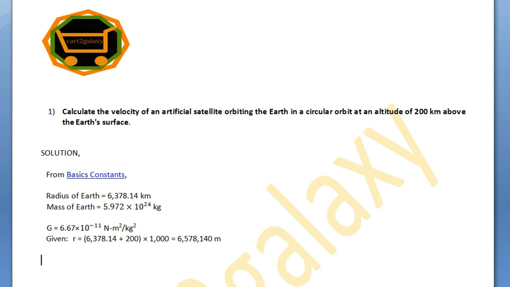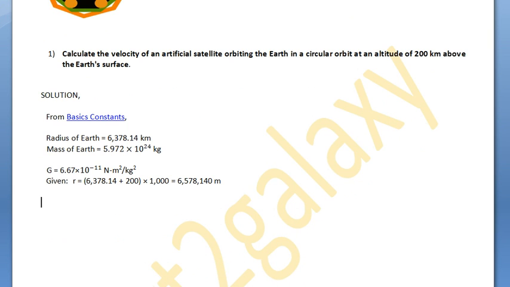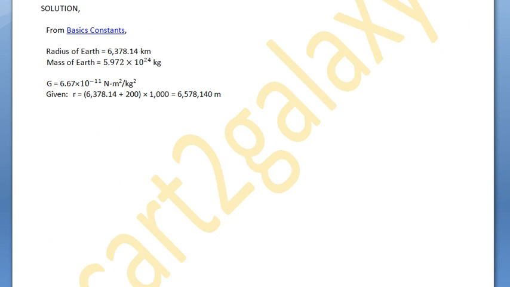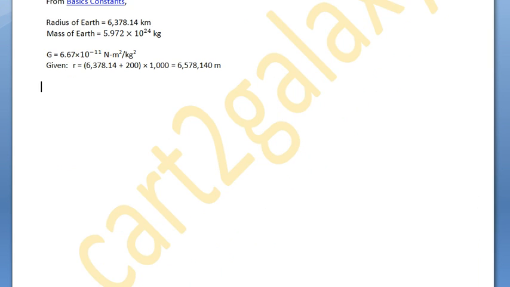So the radius we are going to take here is the radius of Earth plus the 200 km. Therefore our effective radius r is (6378.14 + 200) × 1000, which equals 6578140 meters.